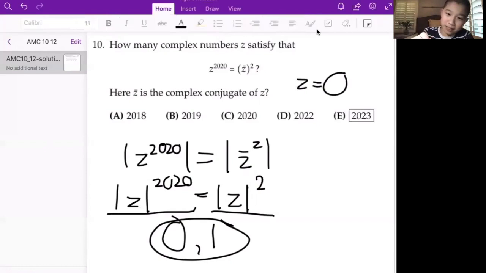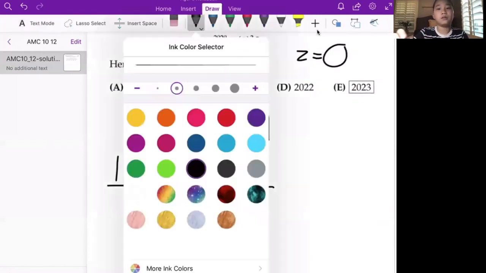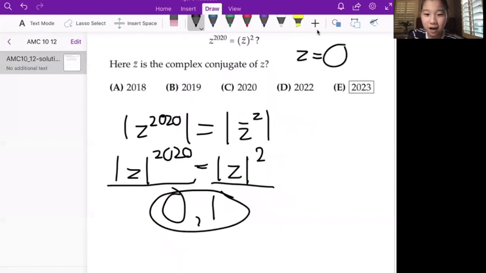For magnitude z equals 1, what is the complex conjugate of something with a magnitude 1? That's kind of a hard question. So we have to use the magnitude of the conjugate, and there's a nice formula that allows you to use it. z times z conjugate equals the magnitude of z squared.